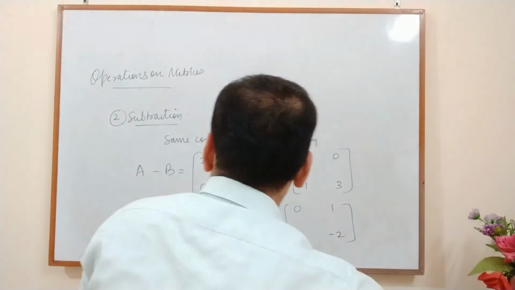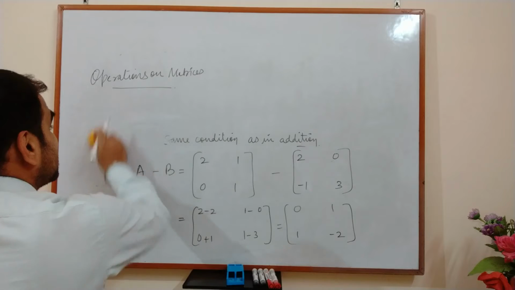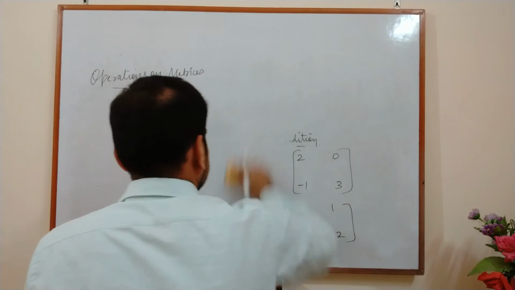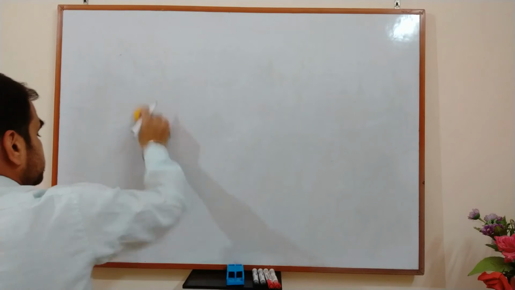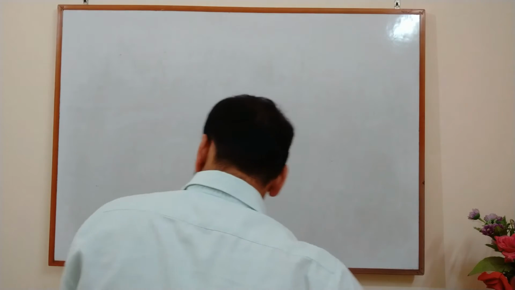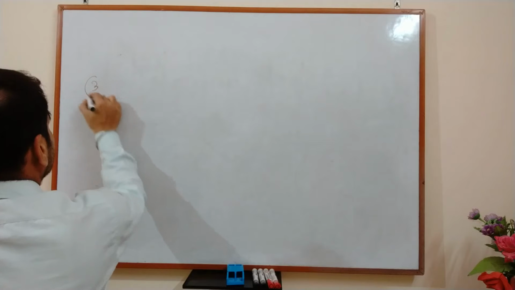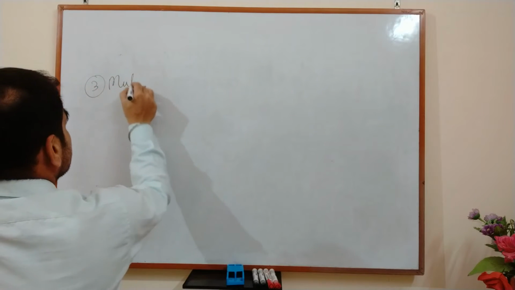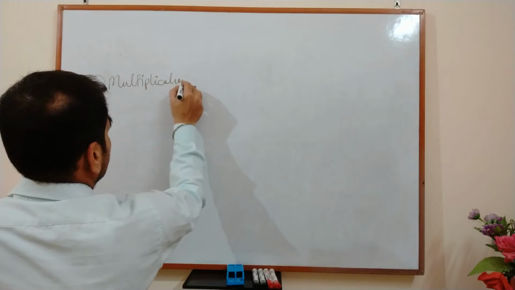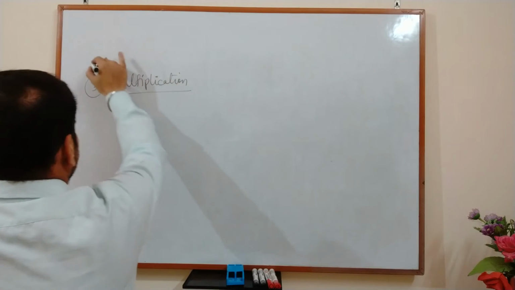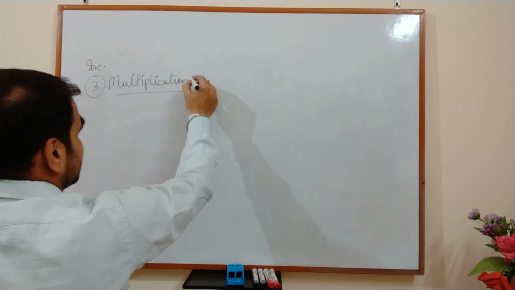The next operation we have is matrix multiplication. So the third operation is multiplication. Okay, this operation is important, so understand it carefully.